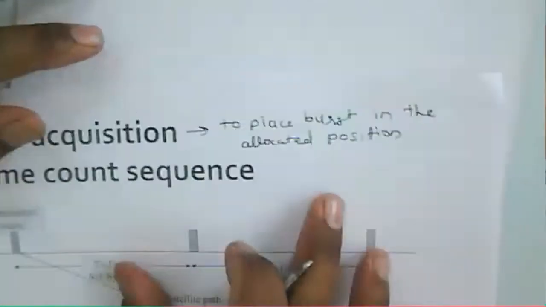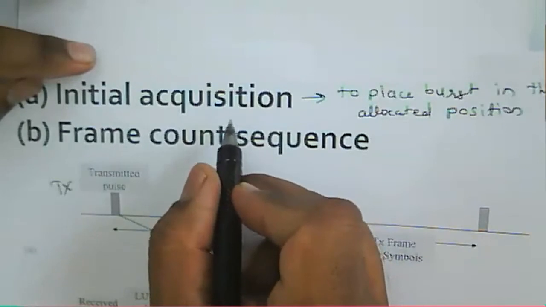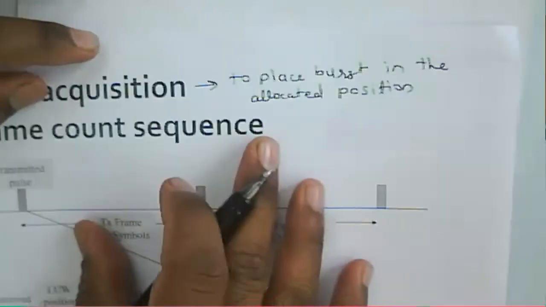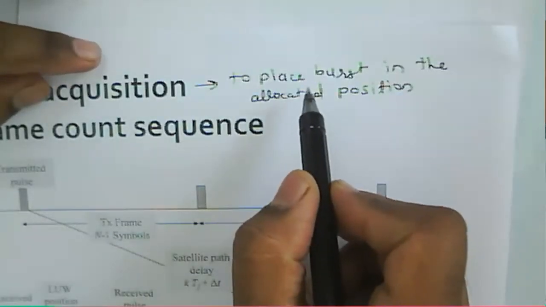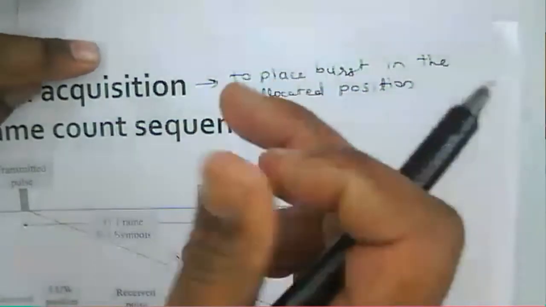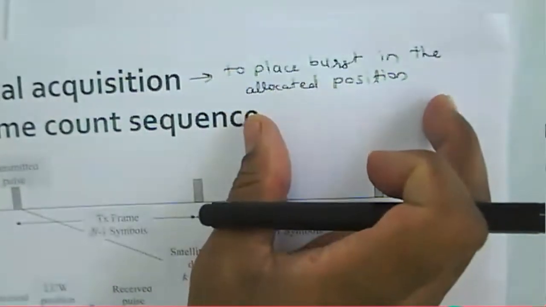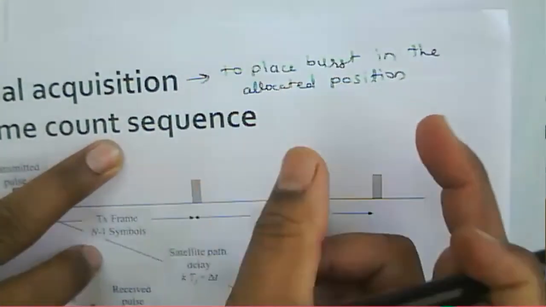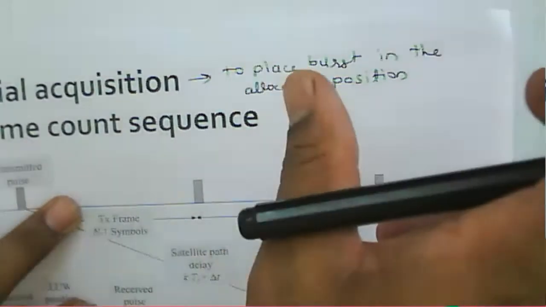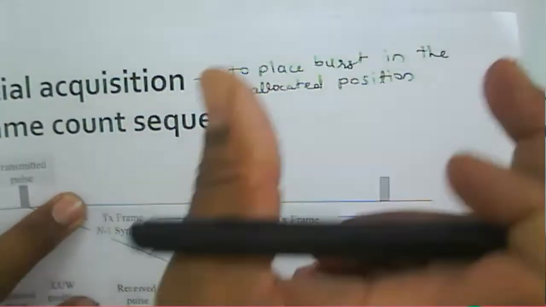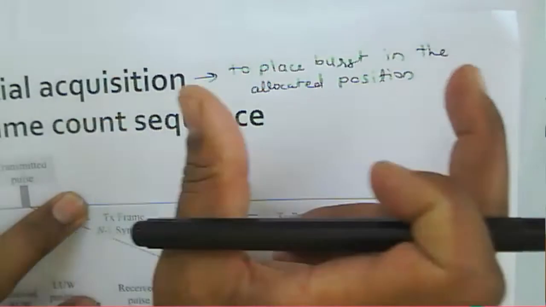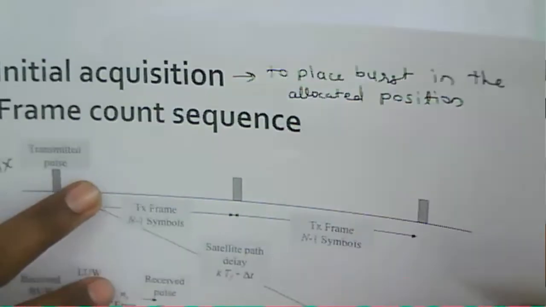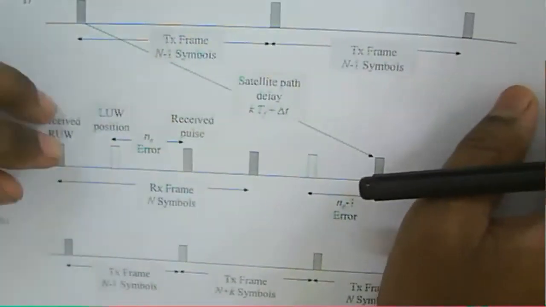Initial acquisition is nothing but placing the burst in the allocated position, or maintaining it in the allocated position, and that will be done through the reference burst. So that's why we require burst synchronization.